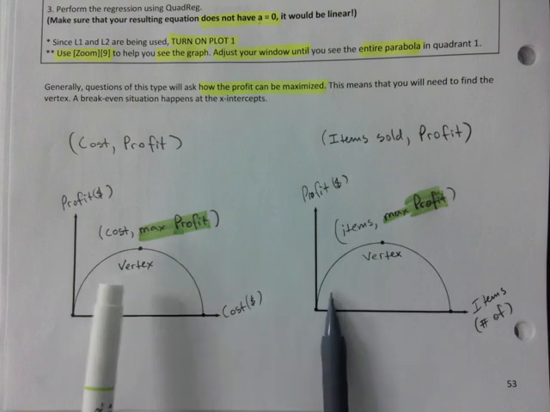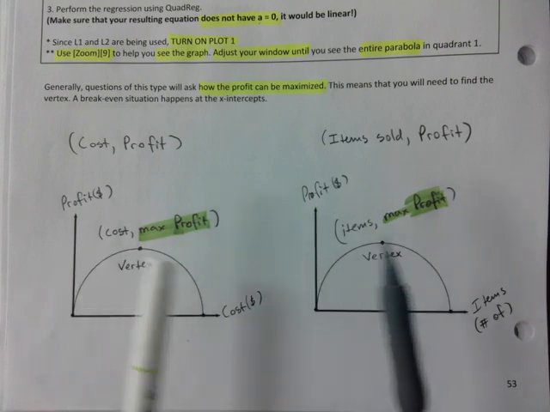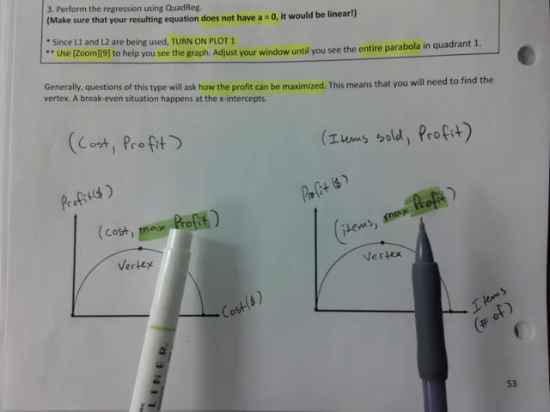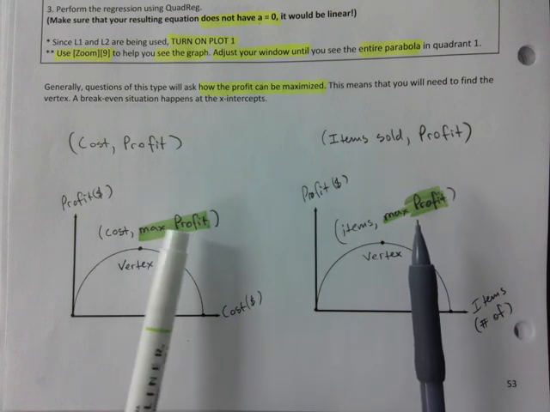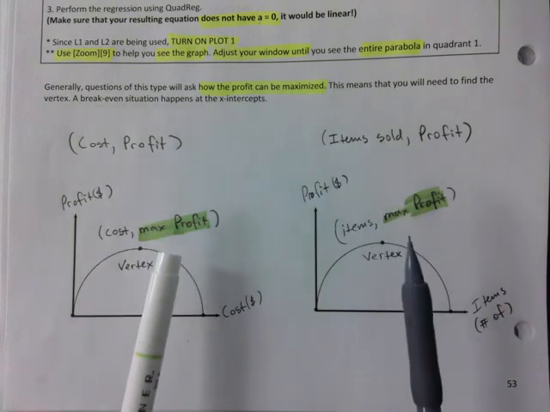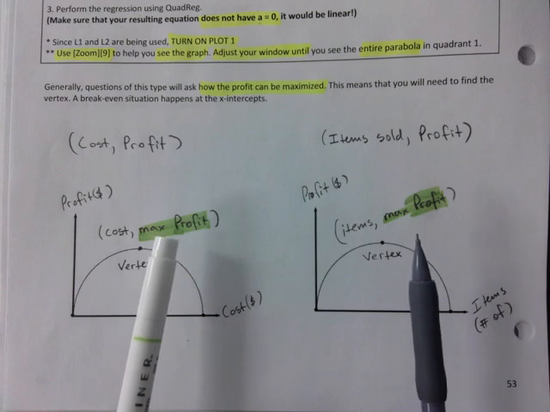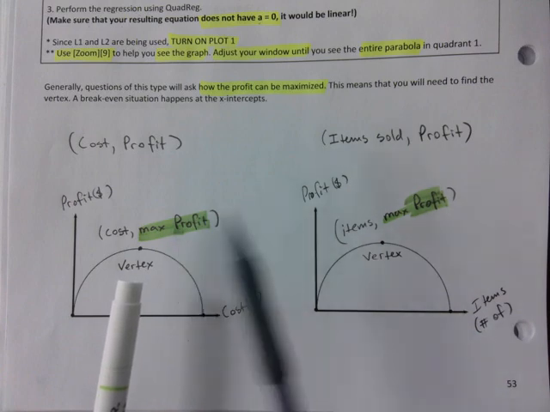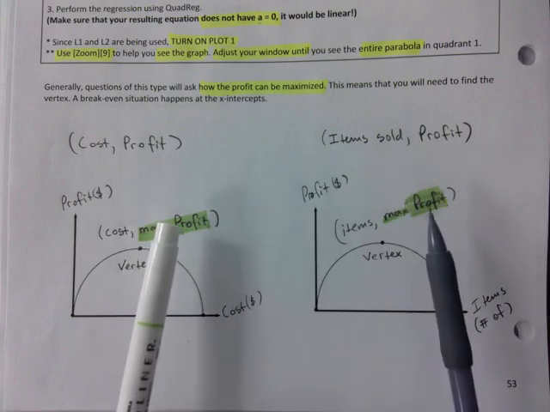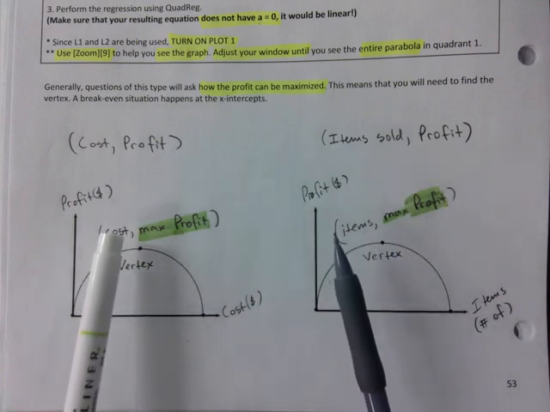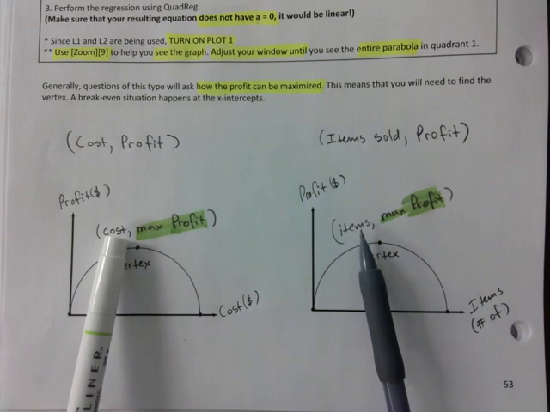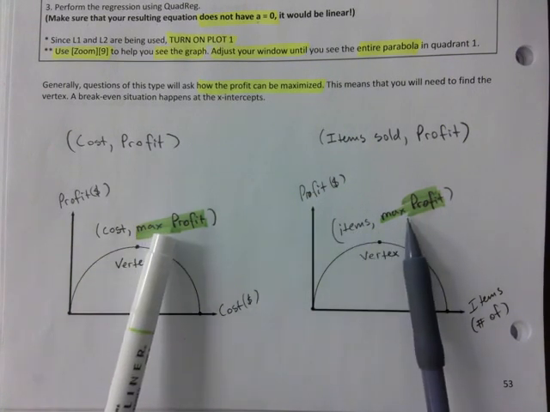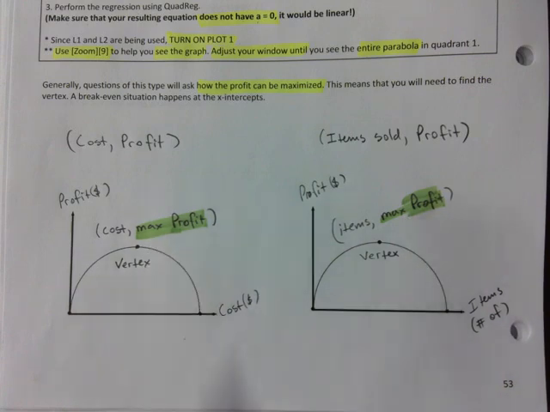I made it look like they look exactly the same. One might be a little wider than the other, but the max profit, regardless of which one you use, will be the same. Like let's say you make $10,000 max, regardless of which parabola you would use, that would be the same. These two numbers, the cost and the items, would vary, but the max profit resulting would be the same in either case.